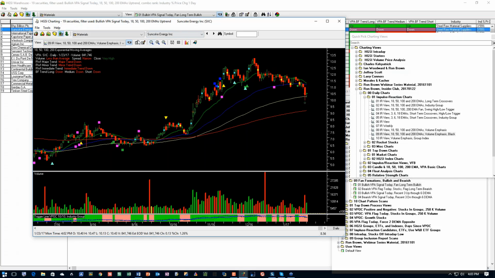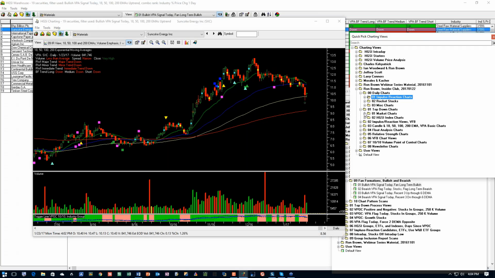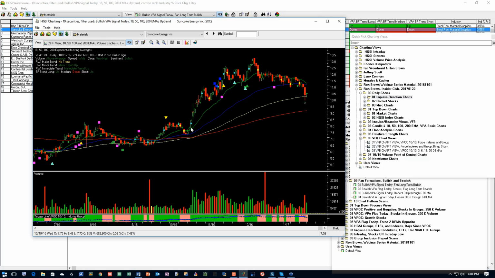Now I'm going to take you to a different chart. If you go down and you select the VFB charts, VFB charts are charts which show where these same conditions were met in the past. In other words, the fan is in place and there is a VPA flag. So when I switch to this chart here, we should see a green bar that comes up right here. Let's see if that works.